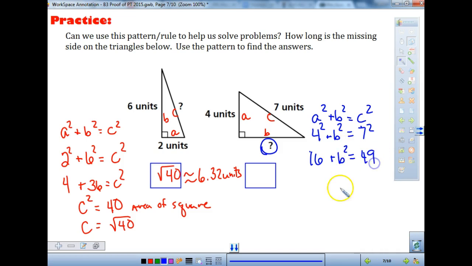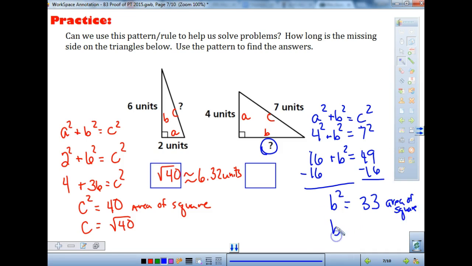Equals 49. We want to get B squared by itself, so we are going to subtract 16. Show this work. This gives us 0, so we're left with B squared. And we are going to take 49 minus 16, and it leaves us with 33. Again, this is the area of the square. Keep that in mind.